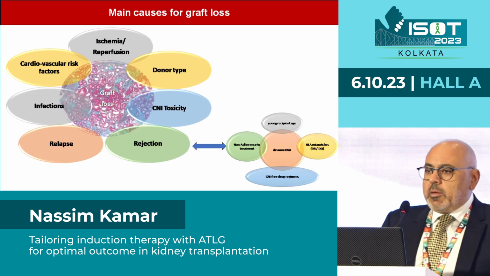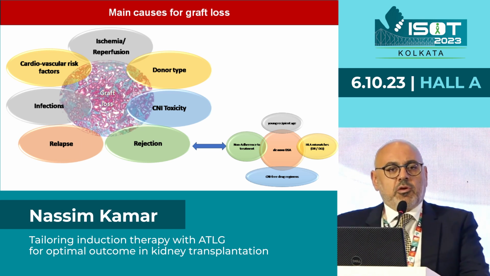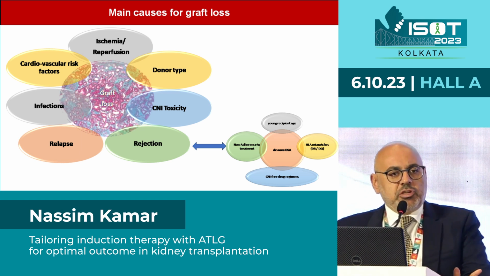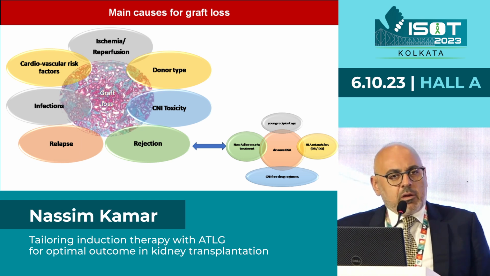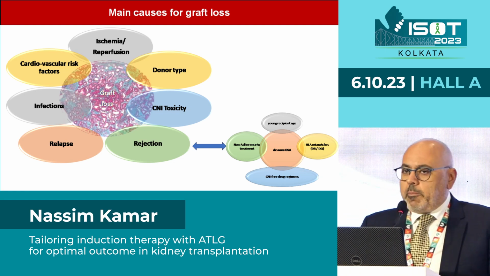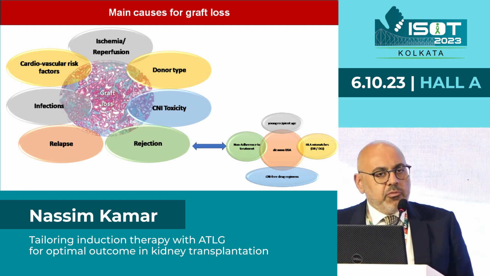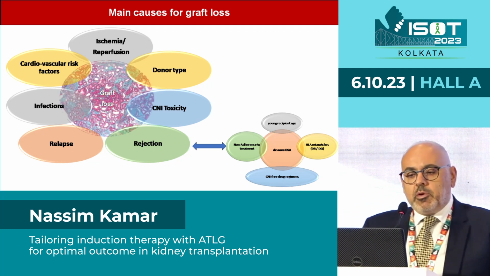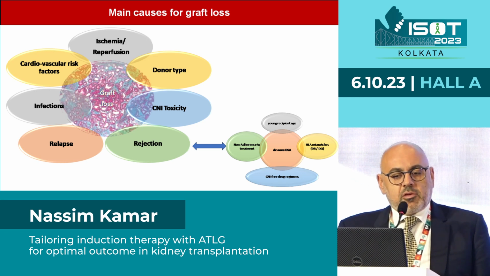And we will start with the main causes for graft loss currently. The main cause for graft loss currently is the death of the patient with a functioning graft due to cardiovascular disease. And the other causes of graft loss are ischemia reperfusion, which depends on the donor type, CNI toxicity, rejection, the relapse of the primary disease, infections, and as I said earlier, the cardiovascular risk.